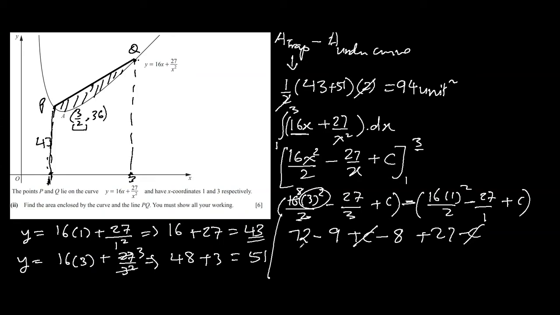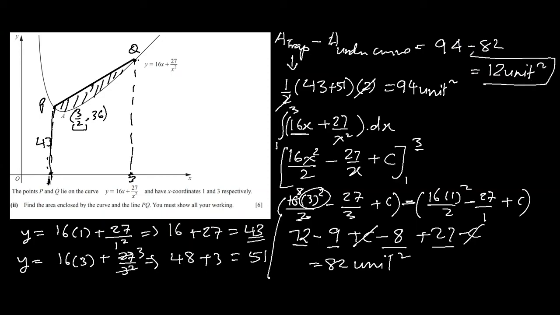So plus c and minus c cancel out. 72 minus 9 is 63, minus 8, 55, plus 27, 82. And our equation was that the area of trapezium, which is 94, minus area under the curve, which is 82, that is 12 units square. This is the final answer.